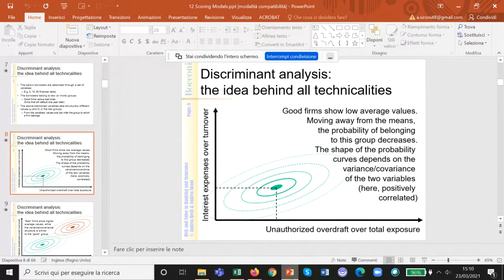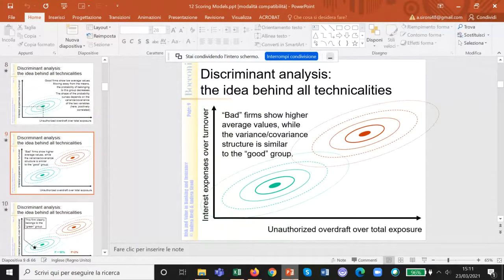If you're a good and sound company, typically you have a low ratio of interest expenses over turnover and a lower amount of overdrafts over total exposure. Therefore, you would expect the good companies to be characterized by low values of these two variables. Here you have the bad companies in red, which tend to have higher values of both these variables than the good companies.